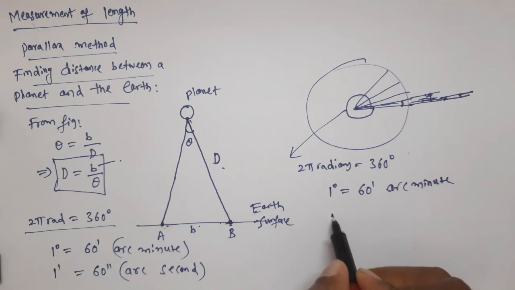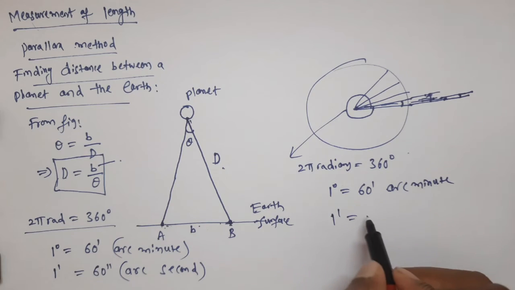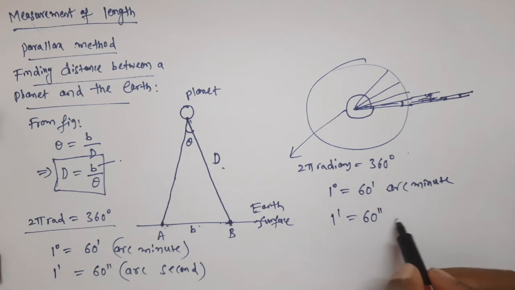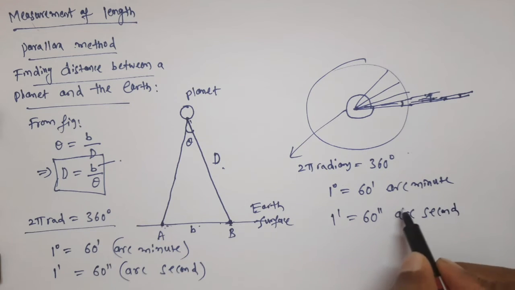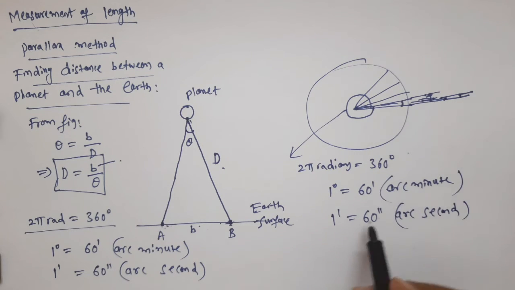Then each part is called 1 arc second. We write it like this: arc minute, arc second. Usually the angle we get here may be in arc seconds or arc minutes, not in degrees, since it is less than 1 degree.